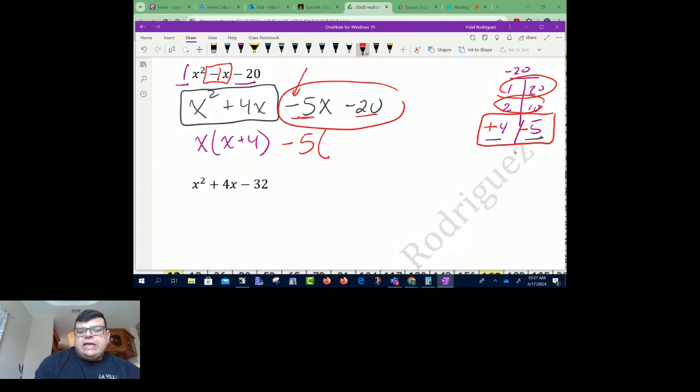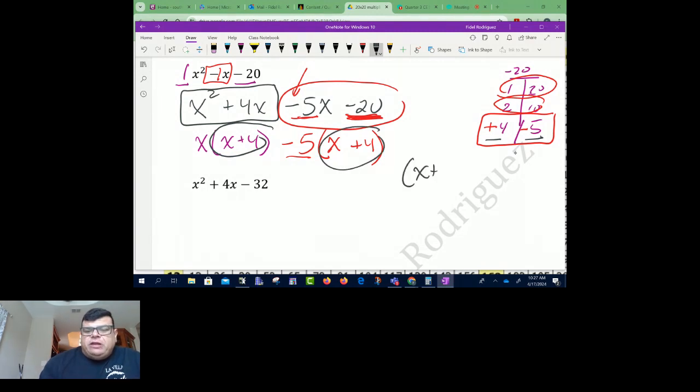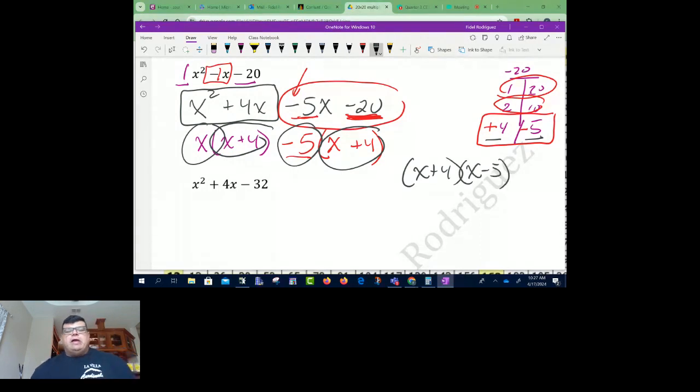So if I take out the minus 5 from here, I've still got an x. Now remember, y'all, I'm taking negative 20 divided by negative 5. Boom, that's a positive 4. Okay. So y'all, right here, these pieces match up. So we got our x plus 4. And then over here, we still have our x minus 5. Okay.